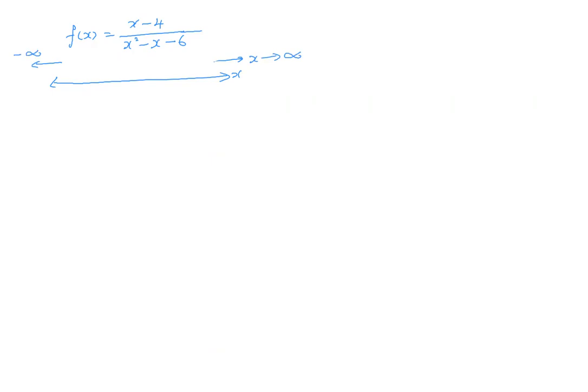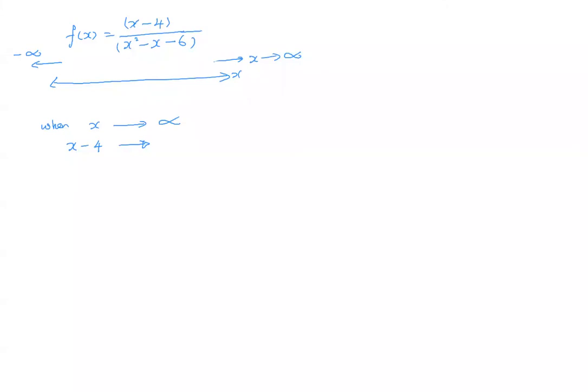So I will write when x approaches infinity. My function f(x) is made up of 2 parts, so I study part by part first. What will happen to x minus 4? It will tend to what? Can someone give me some idea?